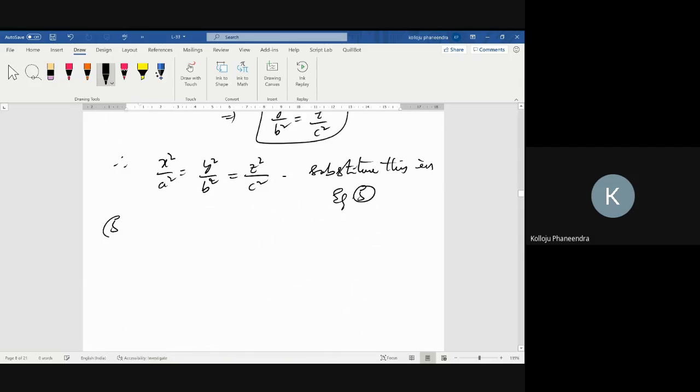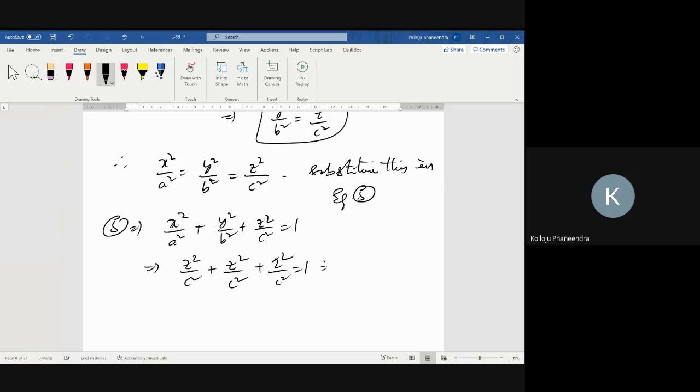So 5 implies x square by a square plus y square by b square plus z square by c square equal to 1. Now, x square by a square is what? Z square by c square. Convert into single variable. This is also z square by c square, this is also z square by c square, equal to 1. So 3z square equal to c square. So z equal to what? C by root 3.